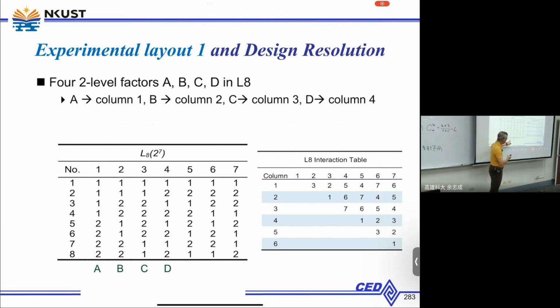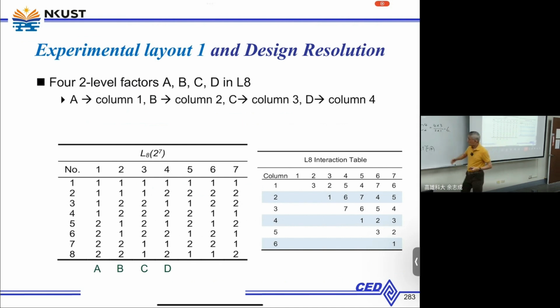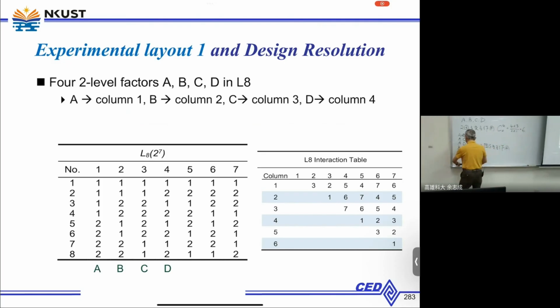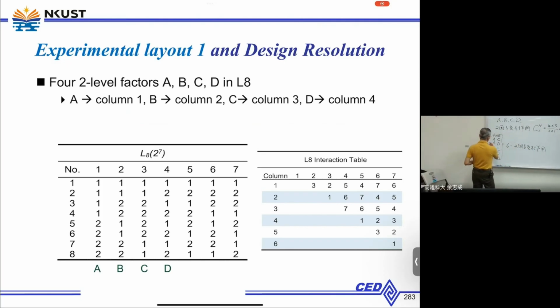So you write AB here. Same thing, for instance, AD will be column 1 and column 4. AD will have its interaction in column 5. So it will be here. Continue from here. So you see this is column 5, column 3, etc.